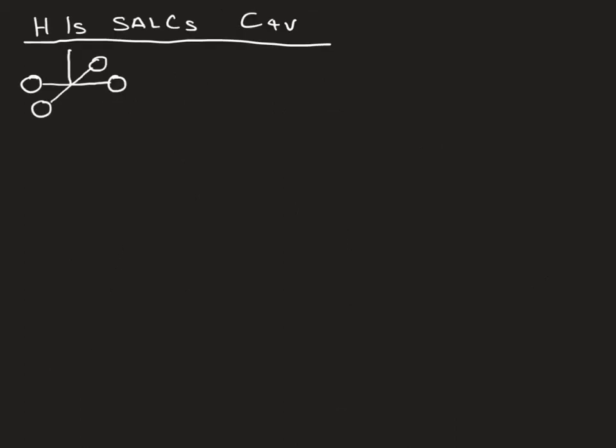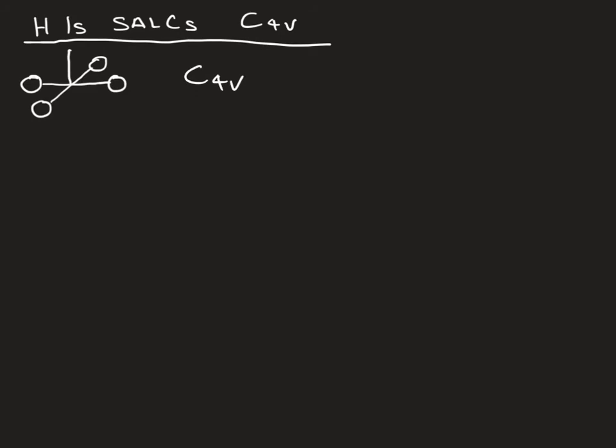We're now going to move on to a slightly more complicated example, and that's the hydrogen 1s SALCs in a molecule under C4v symmetry, focusing on the equatorial atoms in that particular type of molecule. So this has C4v symmetry.